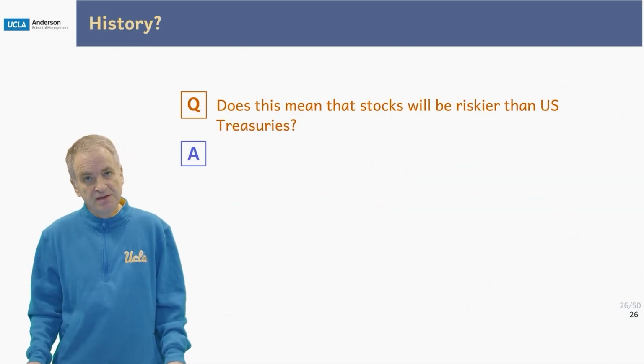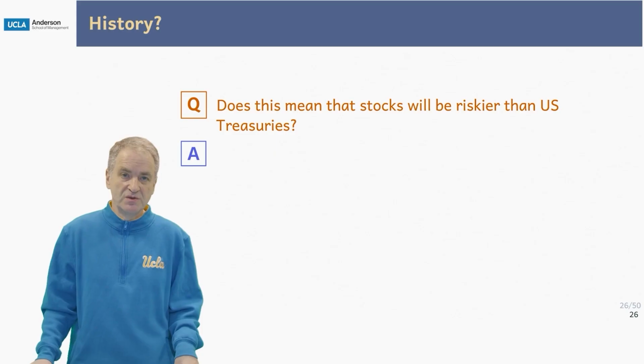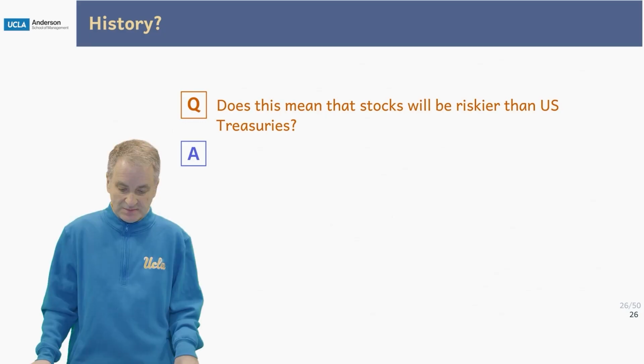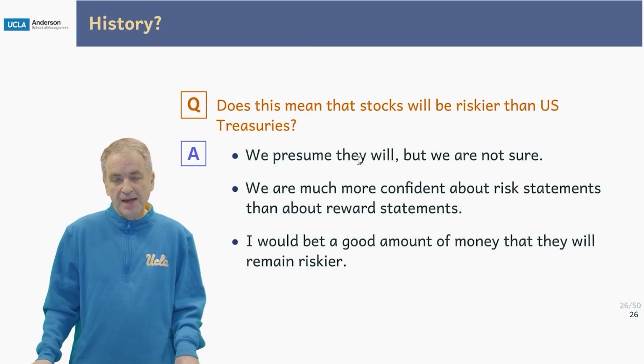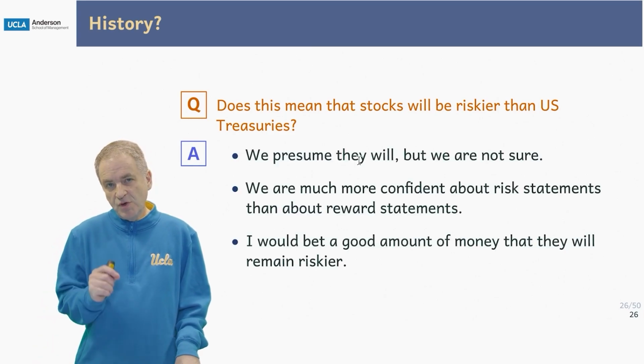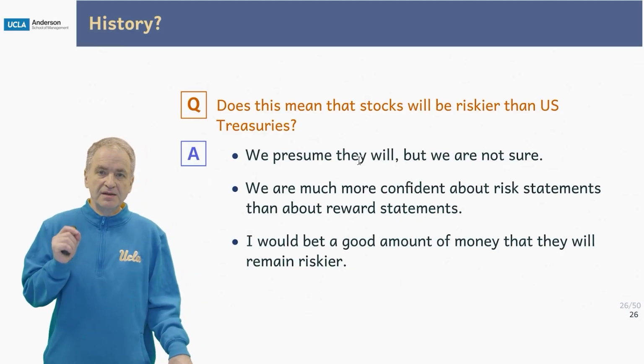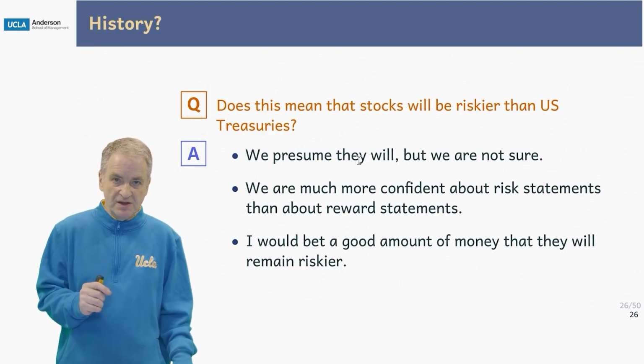Does this mean that stocks will be riskier than U.S. Treasuries? Please pause this video now, answer the question on a piece of paper, and then continue. Now, we are more confident to think that they're going to continue being riskier.